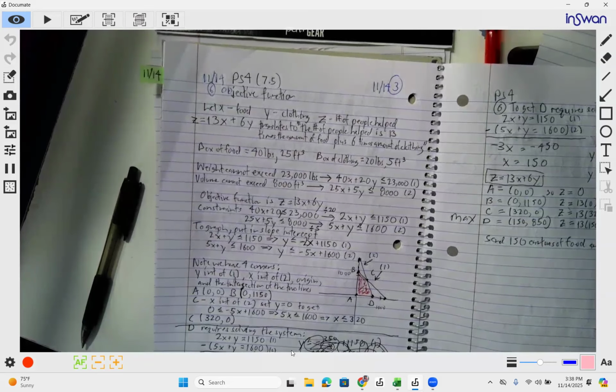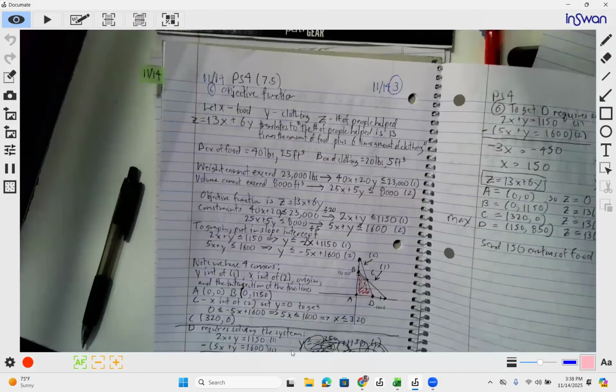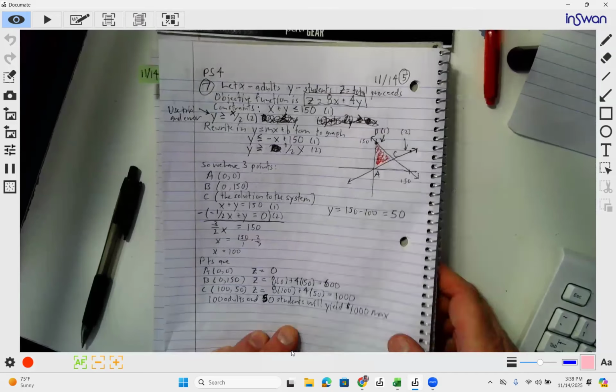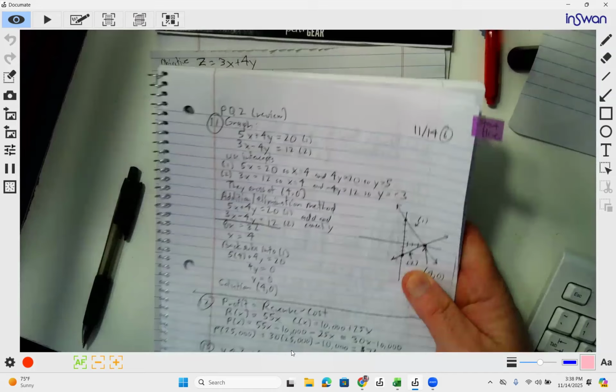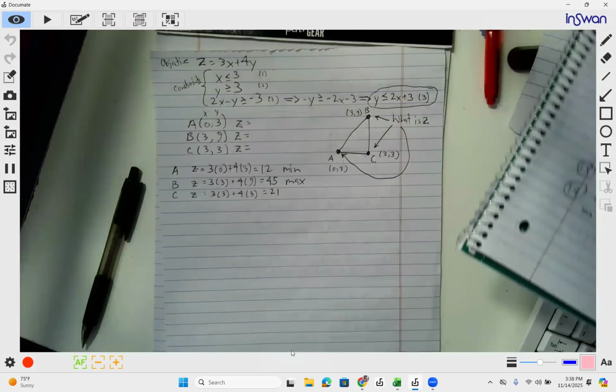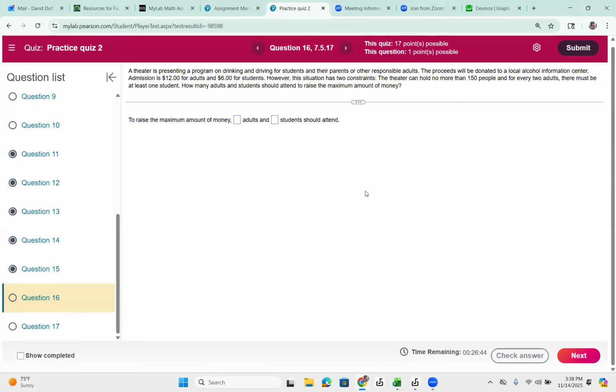You actually have to figure out how to translate it from a word problem to a math problem. But there's only 2 of them: the food and clothing problem, and the movie problem. Let's do the problem at hand, because I'm fairly certain that's the one you're going to get on your test.